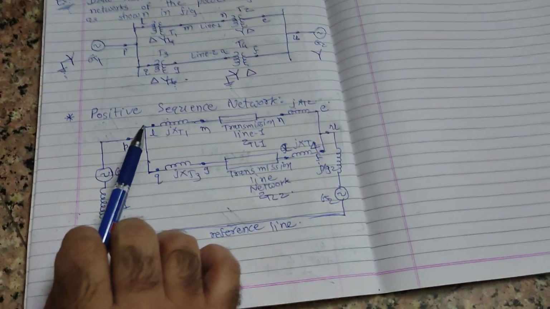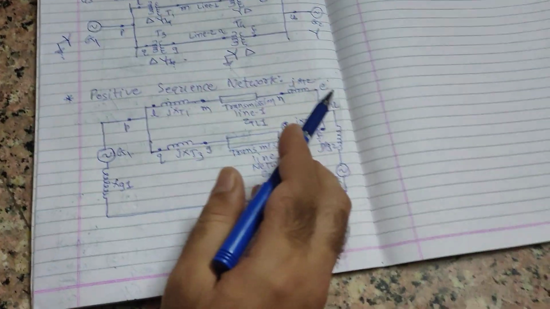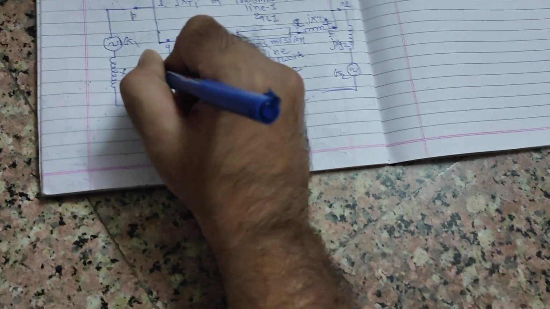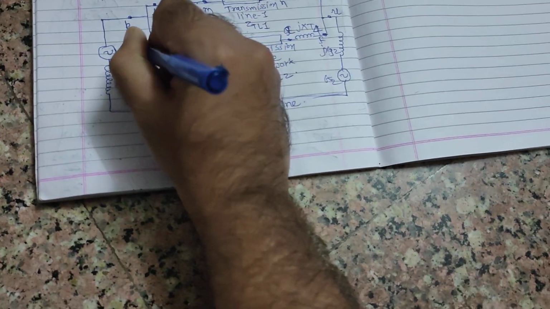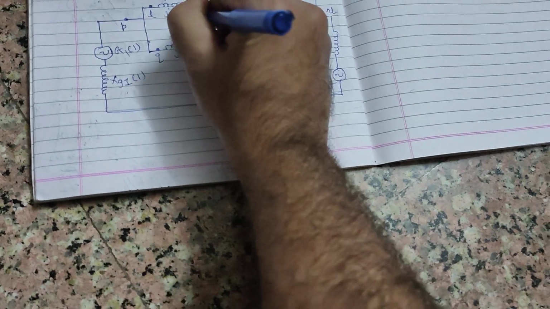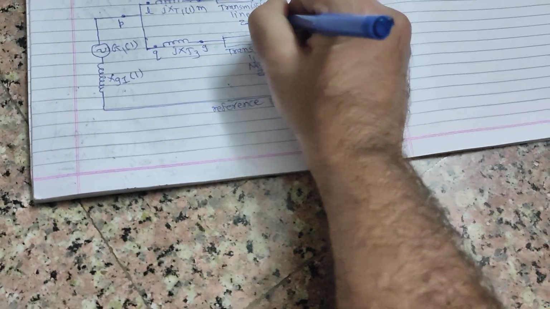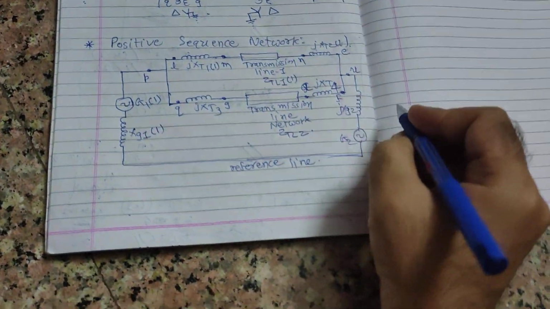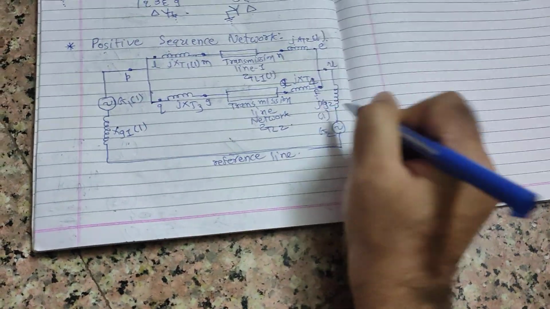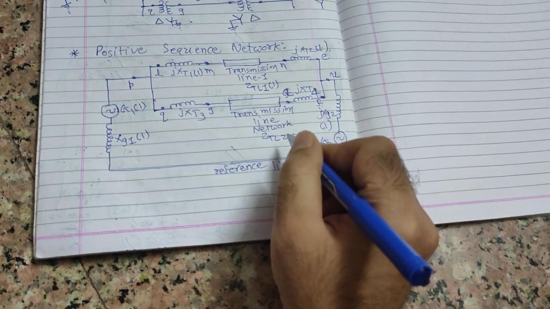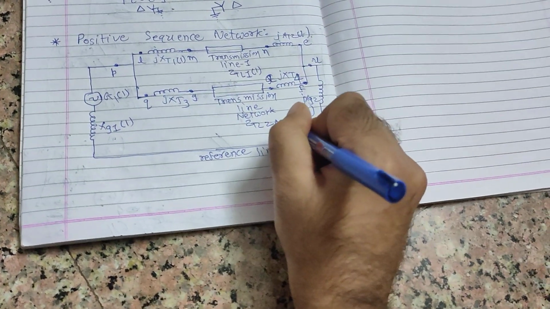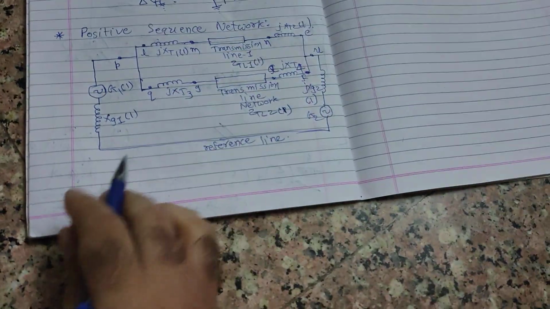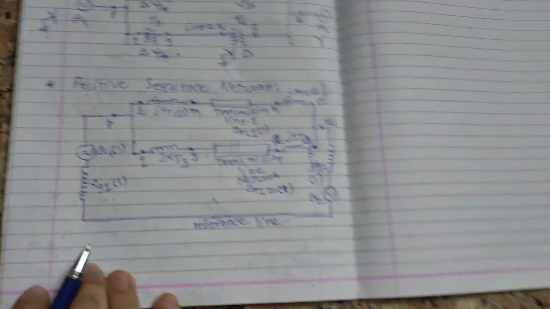Any element of the positive sequence network is indicated by a 1 in brackets, so all these reactances are indicated by 1: XT1(1), XG1(1), ZTL(1), and so on. Why have we taken this as 1?